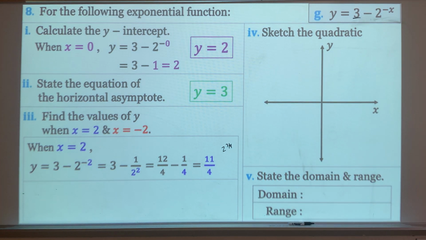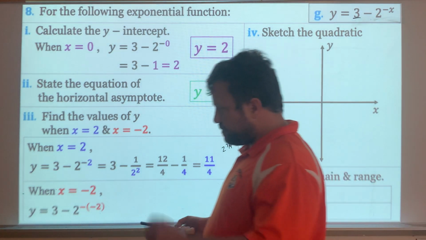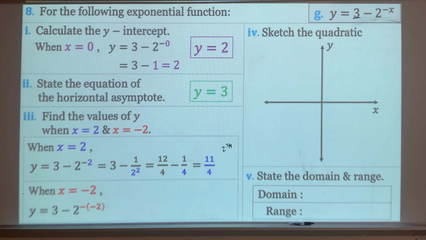This one looks familiar. Next one, x equals negative 2, 3 minus 2 to the negative negative 2. All right. 3 minus 2 squared. 3 minus 4 is negative 1. All right. Plot our points.